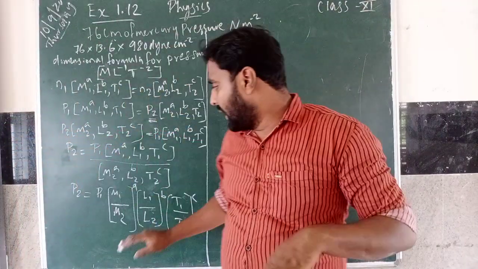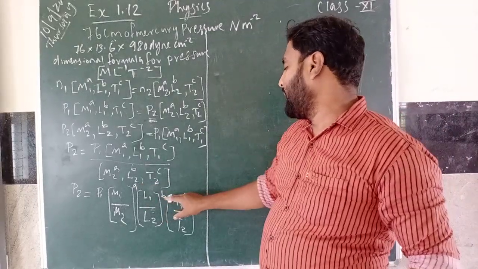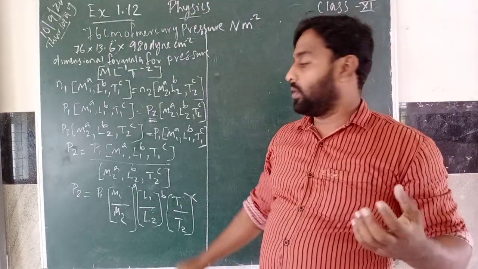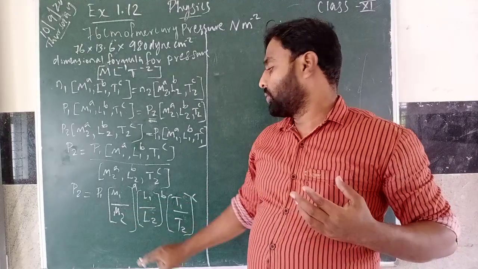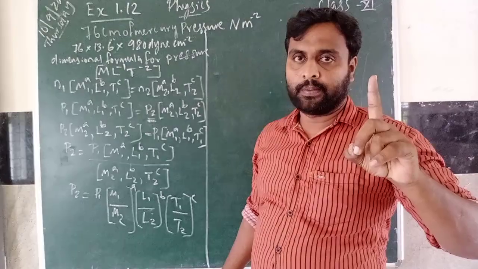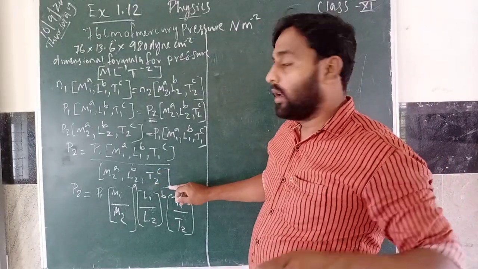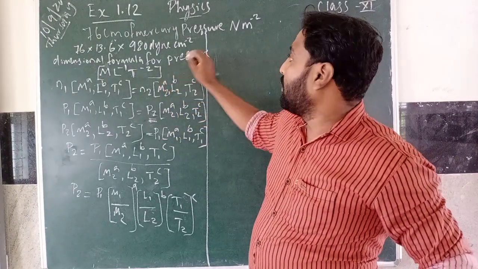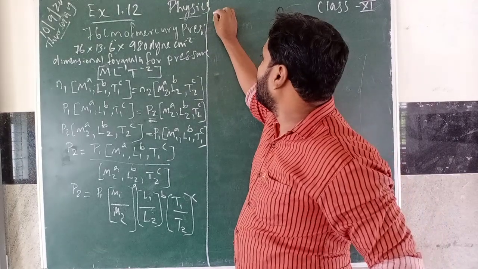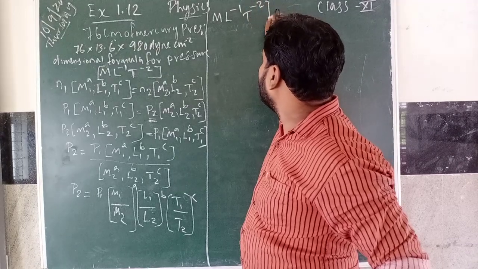Okay. Now what you have to do is find out the values of a, b, c, and we have to assume the values for mass 1, mass 2, L1, L2, T1, T2. That is what we are taking as 1 unit. For example, first the a, b, c values. Already it is written: the dimensional formula for pressure is M L power minus 1 T power minus 2.